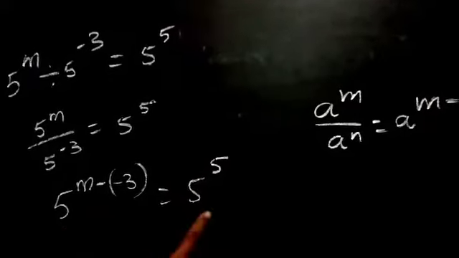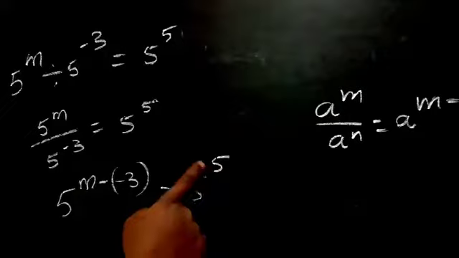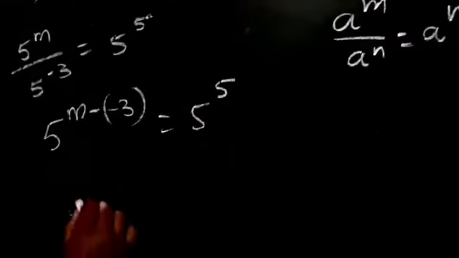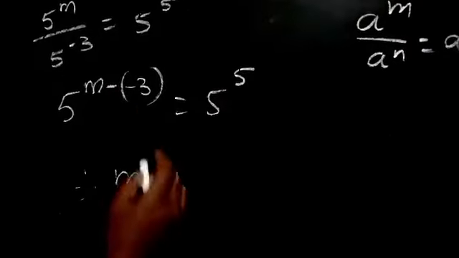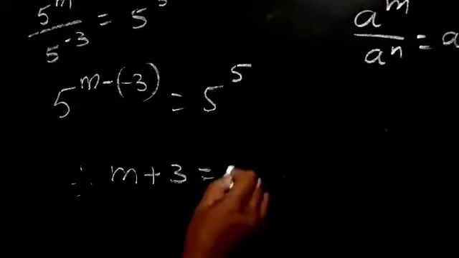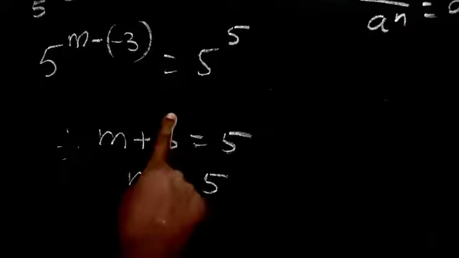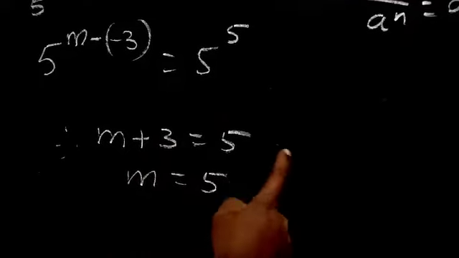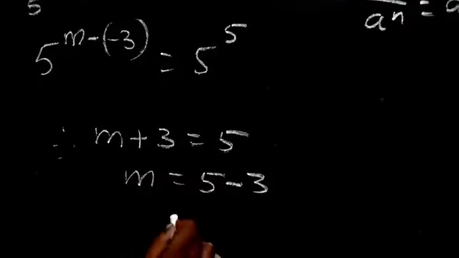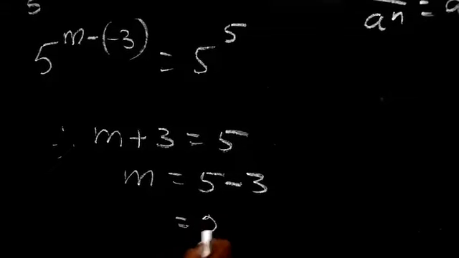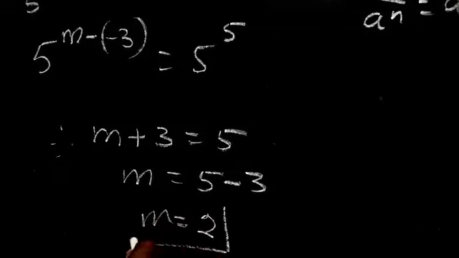When the base is equal, then the powers should be equal on both sides. Therefore m plus 3 equal to 5. This plus 3 will transfer to the right hand side as minus 3, so 5 minus 3 is 2. Our m value is 2.